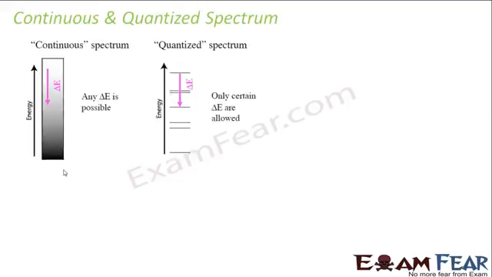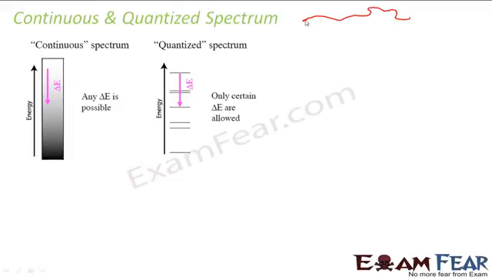Before we talk about spectrum, let us just differentiate between the two terms, continuous and quantized. When I say continuous, I mean a value which keeps changing continuously. Let us suppose right now it is at this point, then it is at this point, here. If you look at this value, it is changing continuously, right?